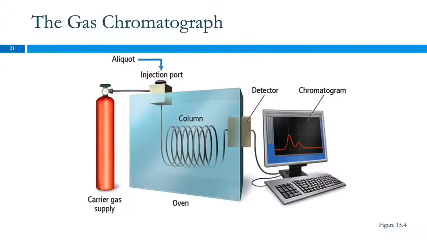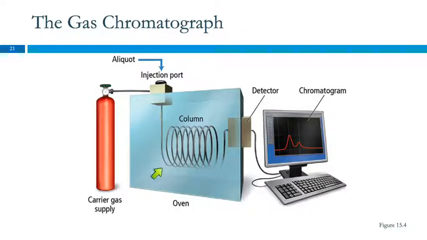So let's look at the big idea of gas chromatography. So here we've got a carrier gas supply. So this gas supply is running through this column and coming out through this detector. We're going to take an aliquot of our sample and inject it into this stream of gas.